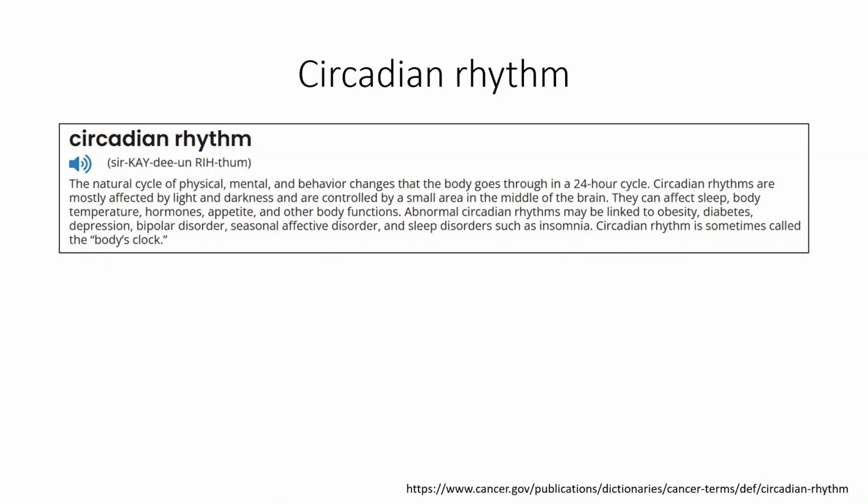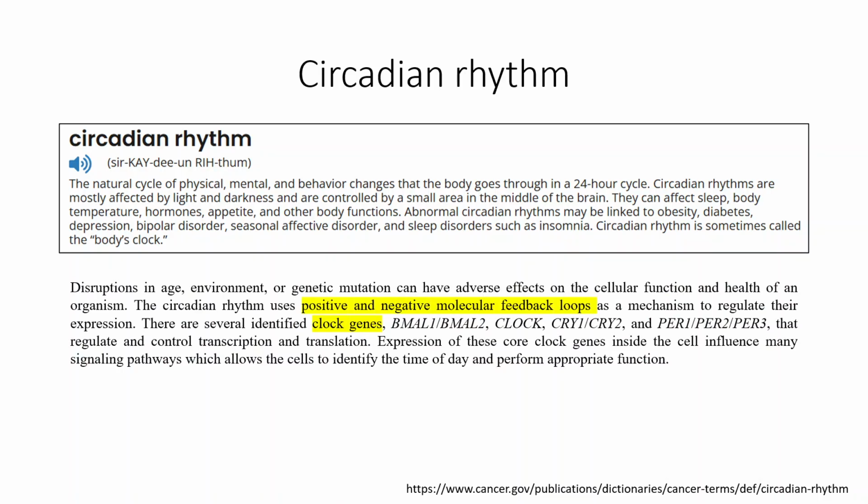So, yeah, and you can have seasonal affective disorders, sleep disorders such as insomnia, people who work late nights or work night shifts in their jobs, they can have a lot of circadian rhythm related problems. So they can suffer from physical, mental, or behavioral issues because they're just not able to regulate their rhythm properly, right? So the body's clock is upset, and so that can lead to health issues, right?